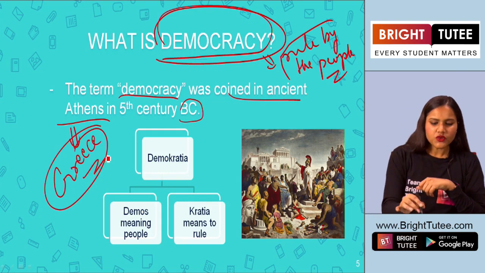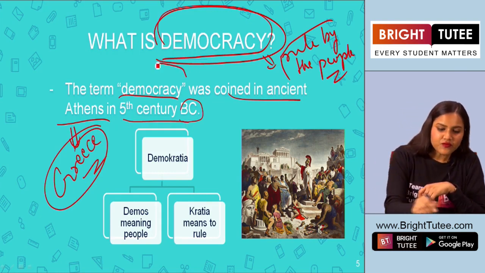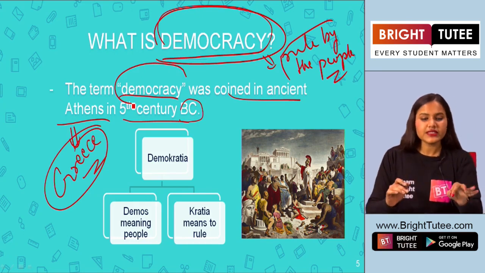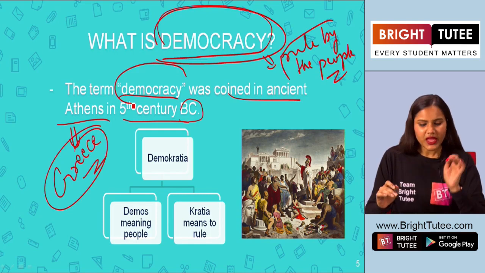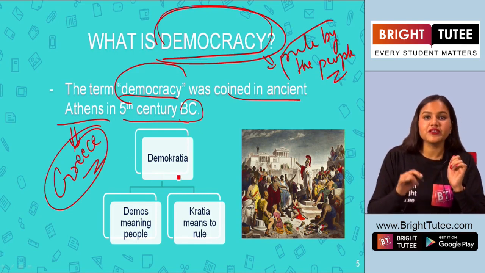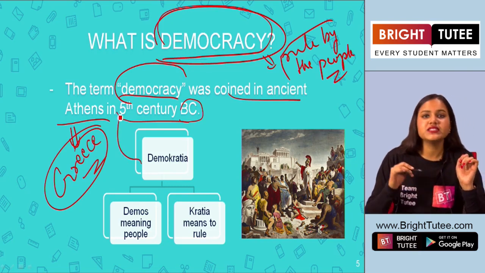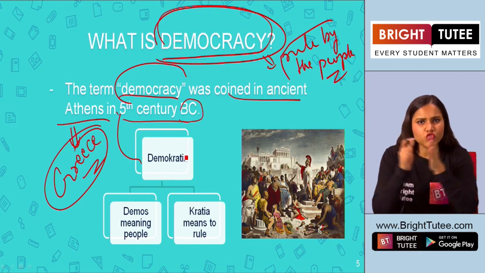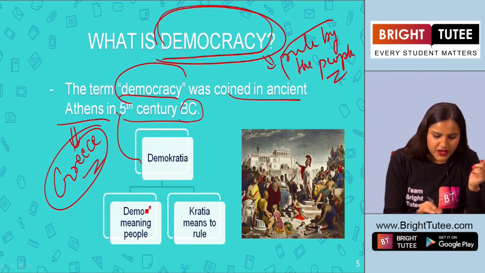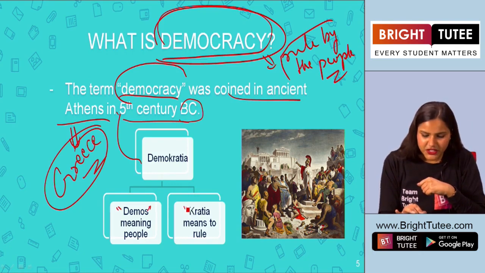Okay. So here students, it was in the 5th century BC that, for the first time, the term democracy was introduced. Now, this is a Greek term, demokratia. From this, we have derived the term democracy. Now, if we divide the term demokratia into two parts, the first term here is demos and the second term is kratia.